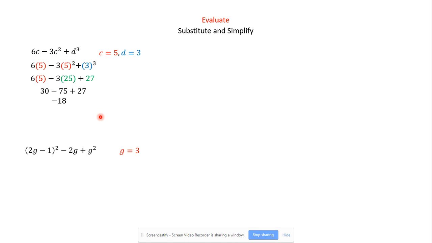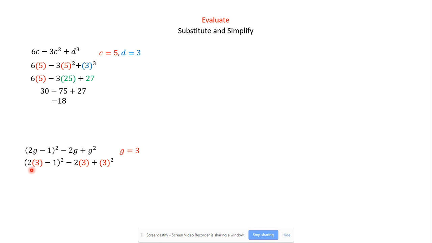So first step, we plug it in. 2 times 3 minus 1 squared minus 2 times 3 plus 3 squared. Again, notice all of mine are in parentheses. It just makes it so I don't do something stupid. 2 times 3 is 6, minus 1 is 5, because we're going to do the parentheses first.